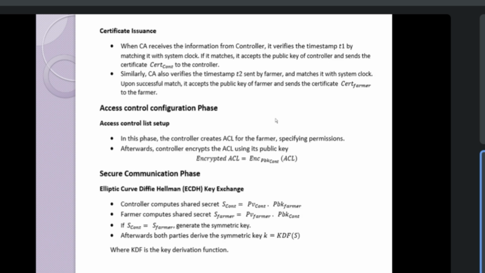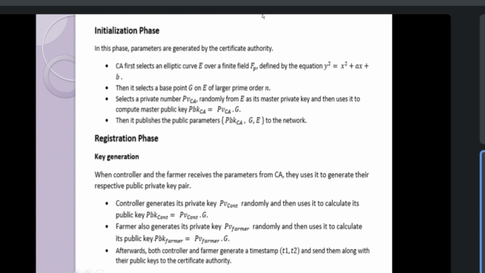Next, the registration stage. In registration, the first step is key generation. When the controller and farmer receive the parameters from the certification authority, there are other entities called controller and farmer. They receive the parameters from the CA.